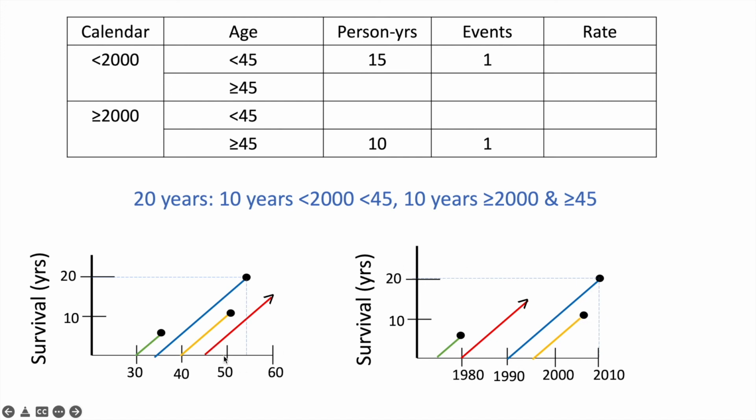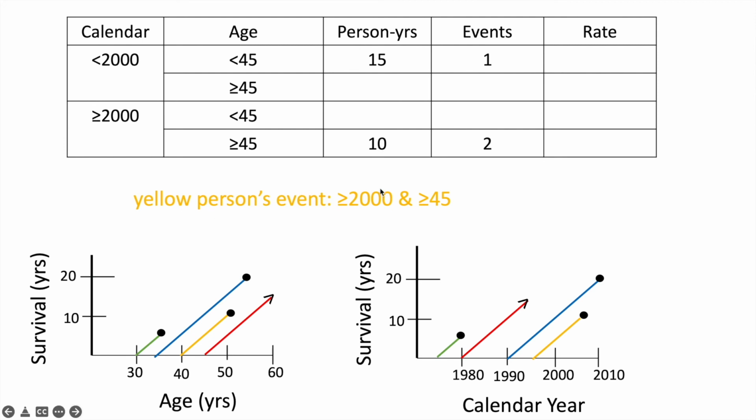And similarly, the first 10 years of follow-up happened before the age of 45. So 45 is here, and that's half their follow-up. The other half happened after 45. So they contributed 10 years to this before 2000 and before 45 strata, and another 10 years to the after 2000, older than 45 strata.